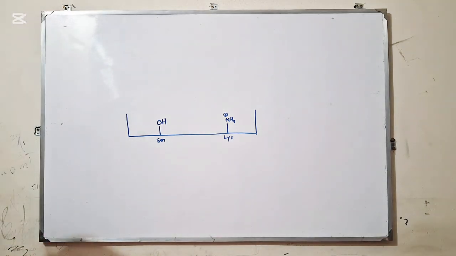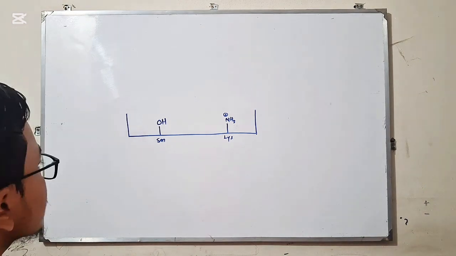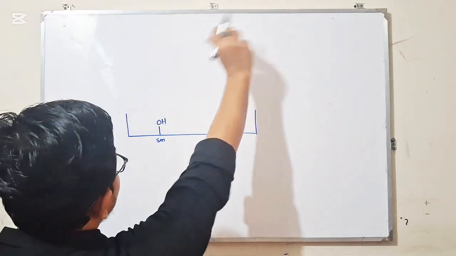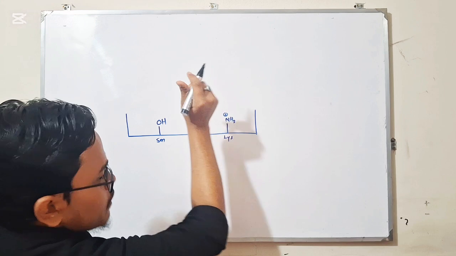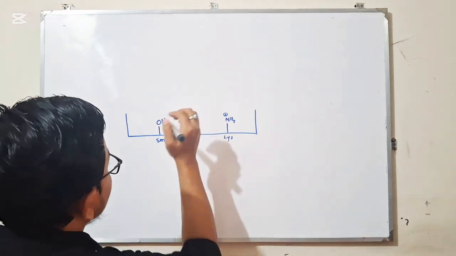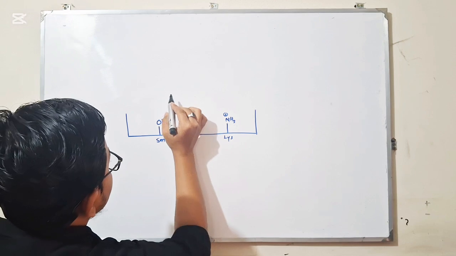So when penicillin comes, how does it block this enzyme? Basically the same thing happened here. So first of all we have to draw the penicillin.